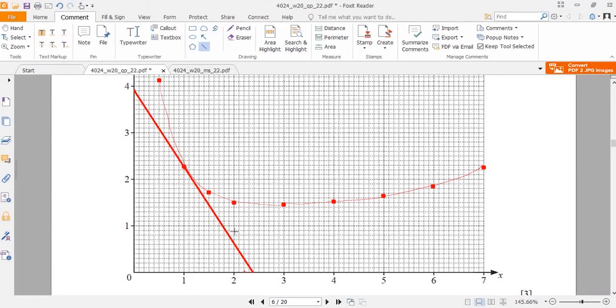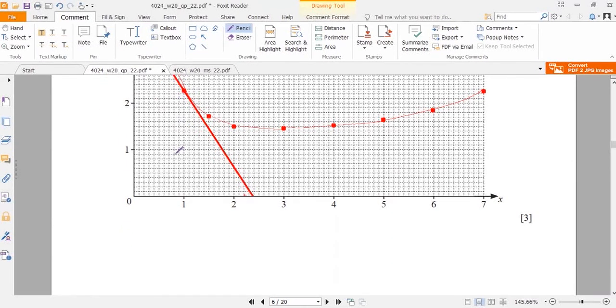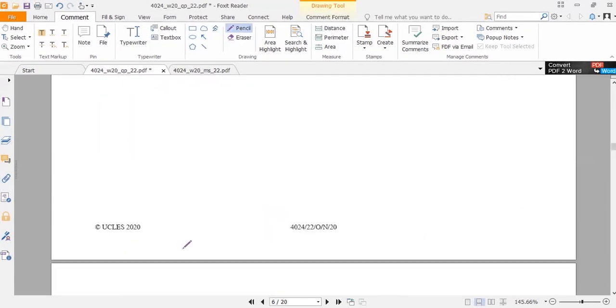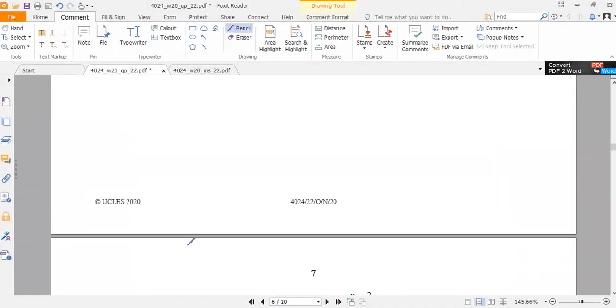Okay, so this is the gradient I have drawn, and for the gradient I'm going to take the points x is 0 and y is 3.8, and for this it will be 2.4 and y is 0. So 2.4, 0 and 0, 3.8.